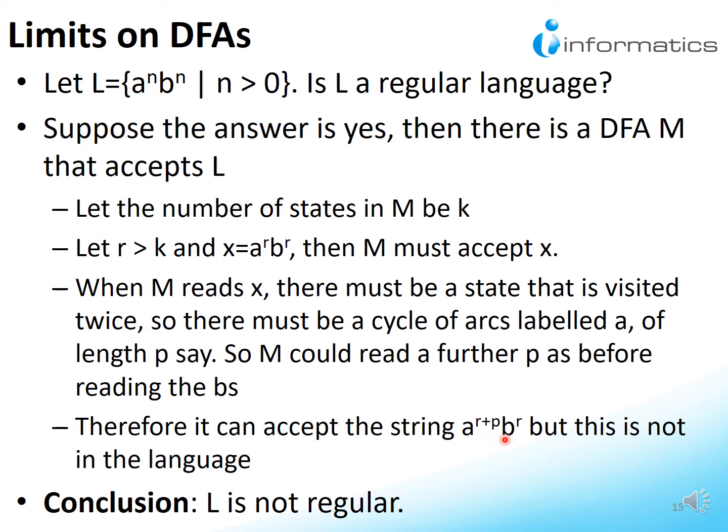But A^(R+P) B^R should not be in the language, because the language should have the same number of A's and B's. In this way, we establish a contradiction. Therefore, there cannot be an automaton that accepts L, and therefore L is not a regular language.